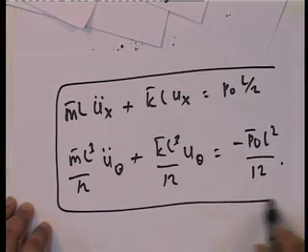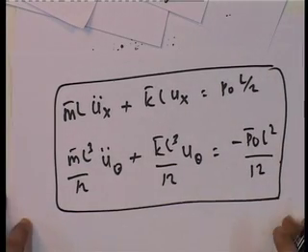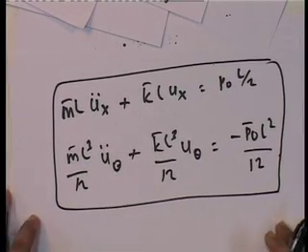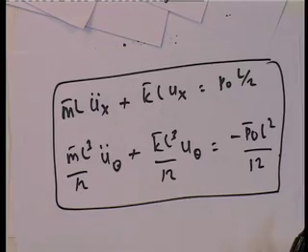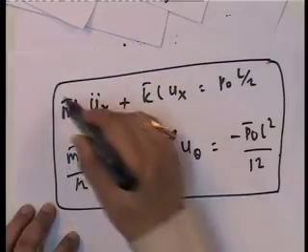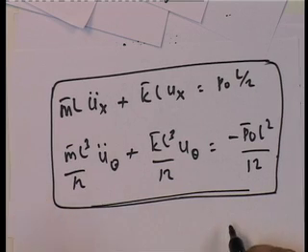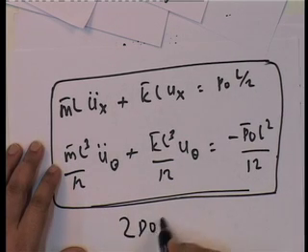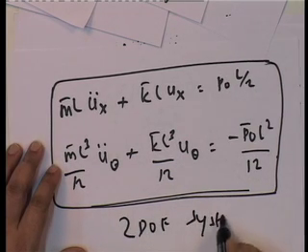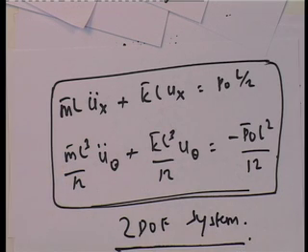So, you see it is a multi-degree of freedom, but because of the special nature of how I have defined my mass and stiffness, it so happens that this entire equation becomes uncoupled, but it is still 2 degree of freedom system.